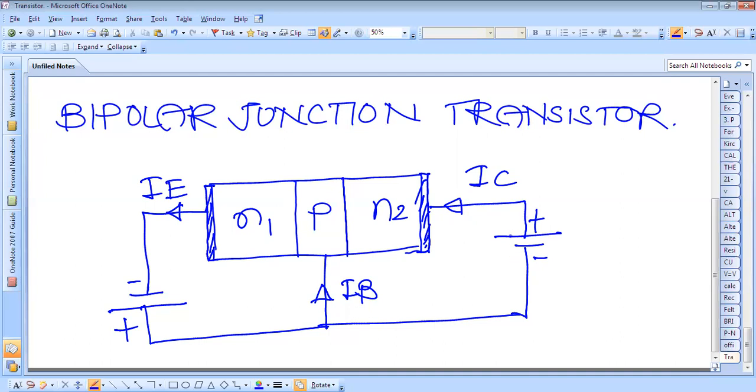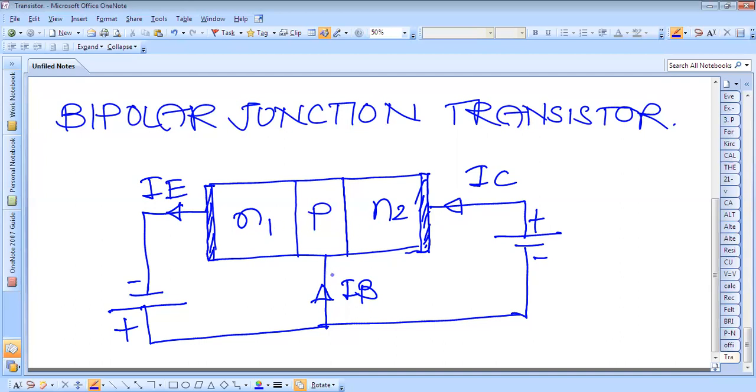Or you may also describe it this way: if a thin layer of N-type is sandwiched between two p-type materials, then that is called the PNP transistor. So this is the junction diode formed by N1P. This is one junction.